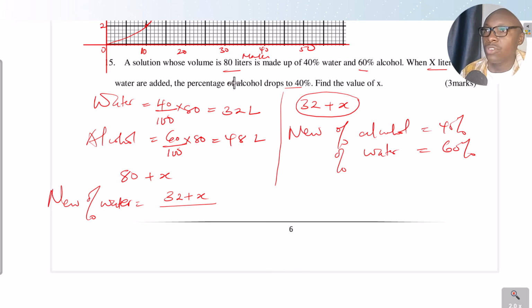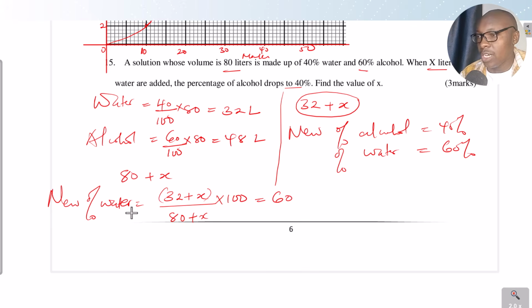Remember, it changed because you added X liters, so the total also changed by X liters. So this is 80 plus X. And then when you multiply this by 100, that is what is going to give you 60%.